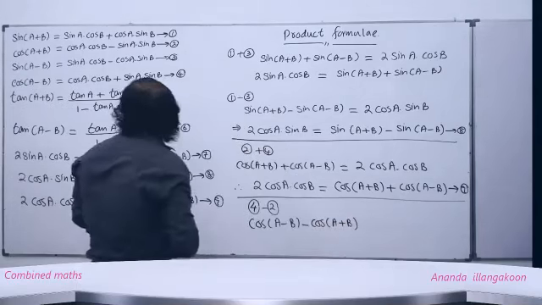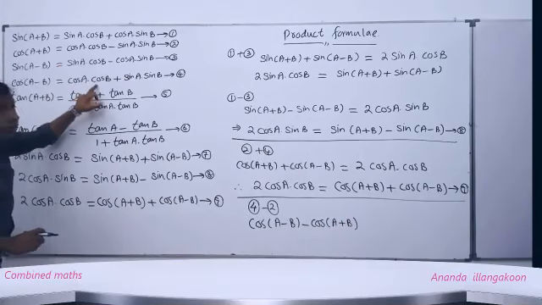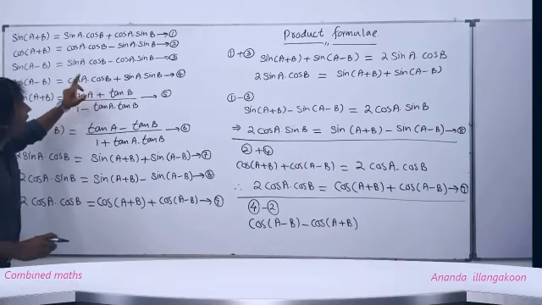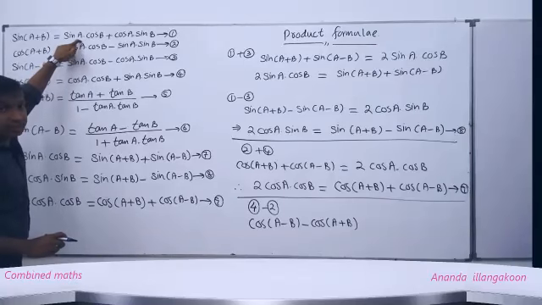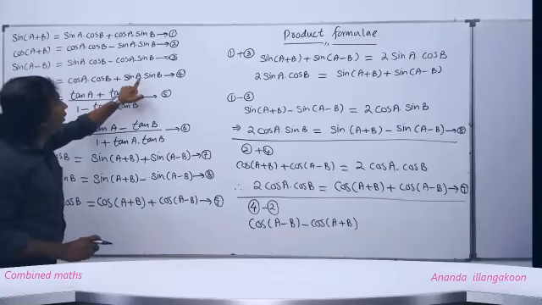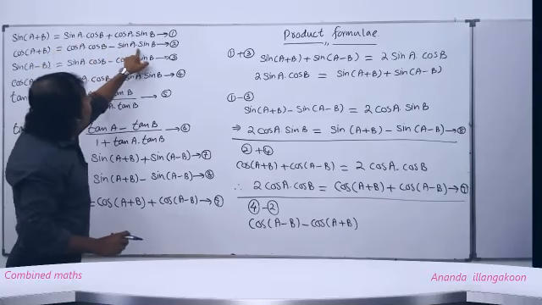Then what happens? This minus this. If you take this cos A cos B product as x, here x, here also x, x minus x cancel off. Take this as y. Y minus minus y, because we subtract this from this.